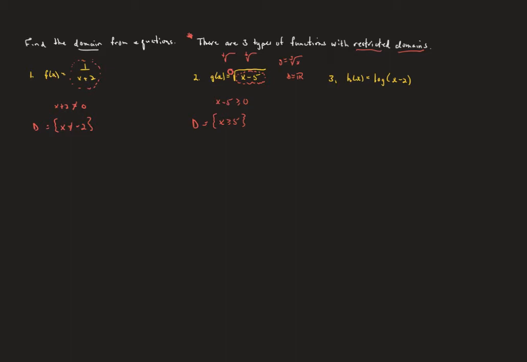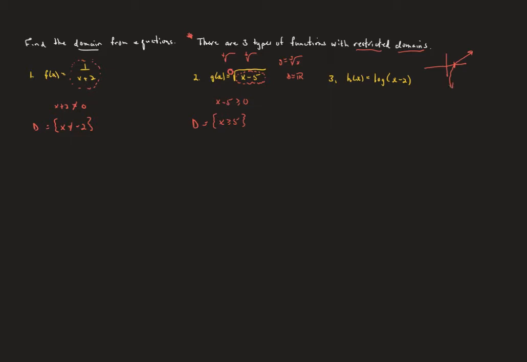Now a logarithm, and I know you didn't do a whole lot with this last year in the shortened year with Corona coming in, but we'll talk much more about this down the road. A logarithm in general has a graph that looks something like that.